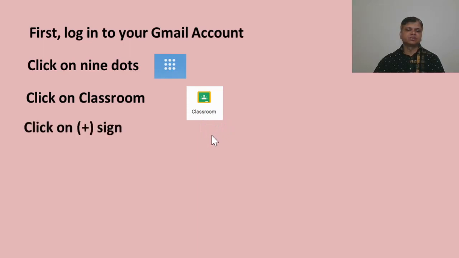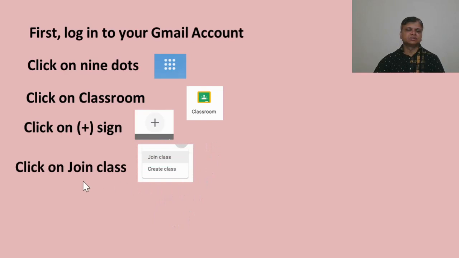Then you have to click on the plus sign shown in the picture. The plus sign will be in the right corner of the page. Then you have to click on join class.